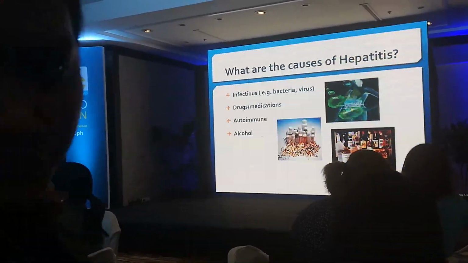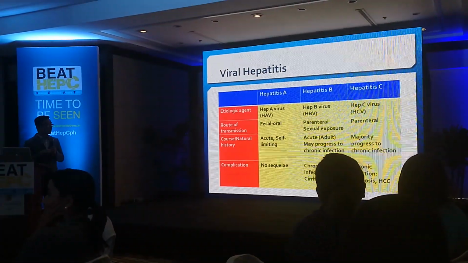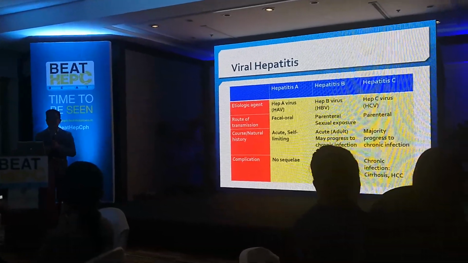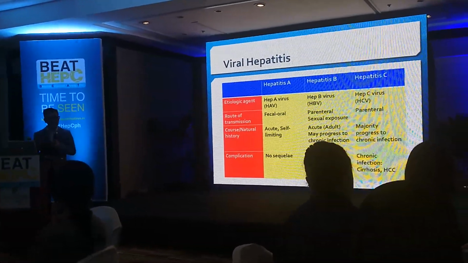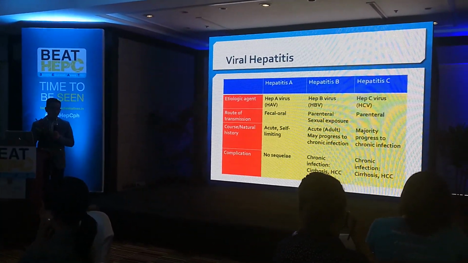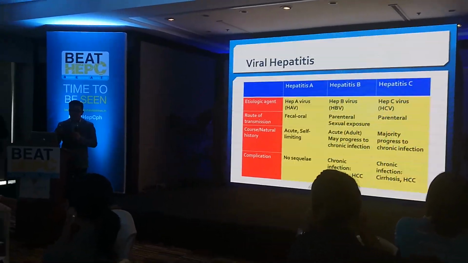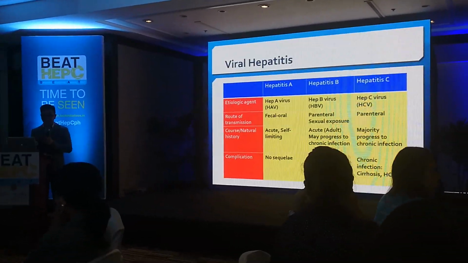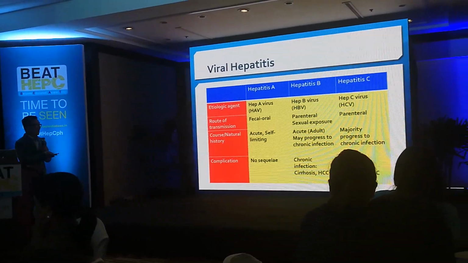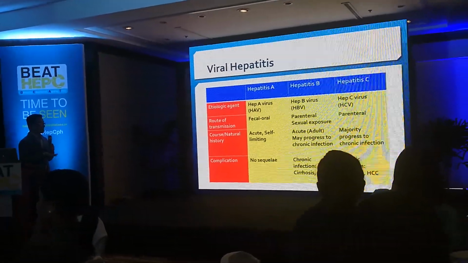But for this afternoon's purposes, we'll be limiting ourselves to the discussion of viral hepatitis. There are a lot of viral hepatitis, and the infection that they cause is identified by the causative agent, and we refer to the virus by letters. Hepatitis A virus causes hepatitis A infection, hepatitis B virus causes hepatitis B infection, and the hepatitis C virus causes hepatitis C infection.